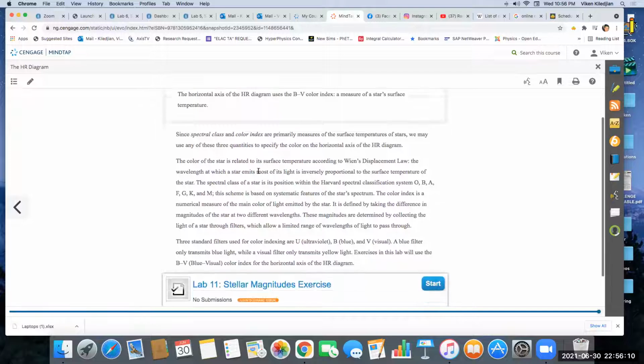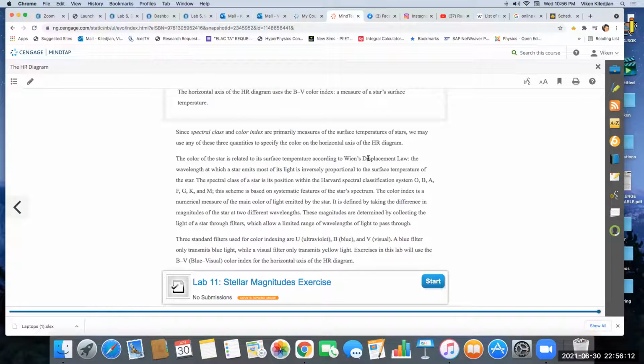The color of the star is related to its surface temperature according to Wien's displacement law. If you remember, we did Wien's displacement law in an earlier lab. The wavelength at which a star emits most of its light is inversely proportional to the surface temperature of the star.